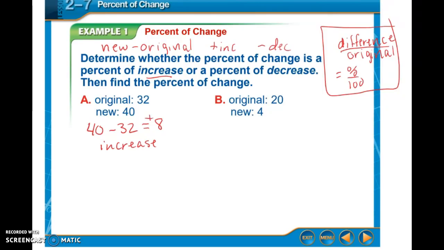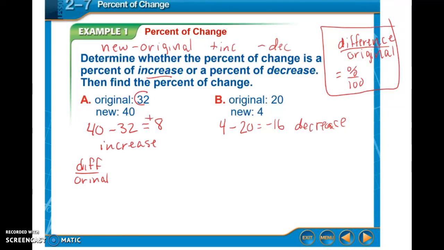So for this next one, the original is 20, the new is 4, so we do the new minus the original. You get negative 16, so that would be a decrease. Now that we know those numbers, all we're going to do is the difference over the original.